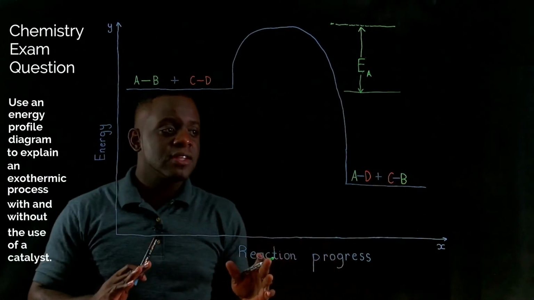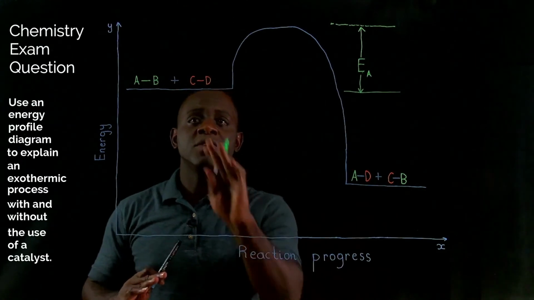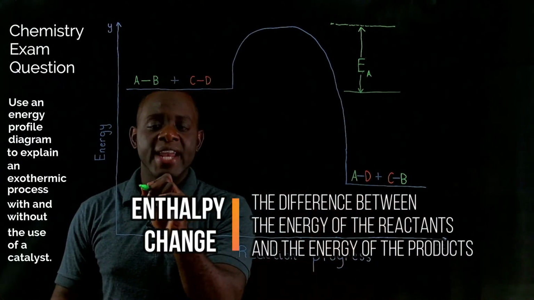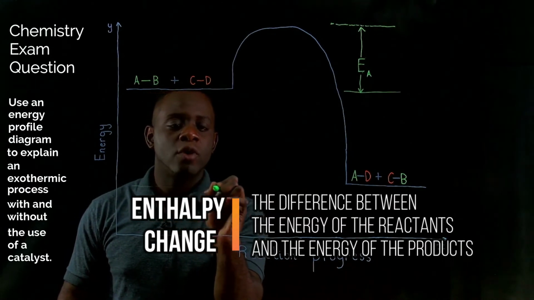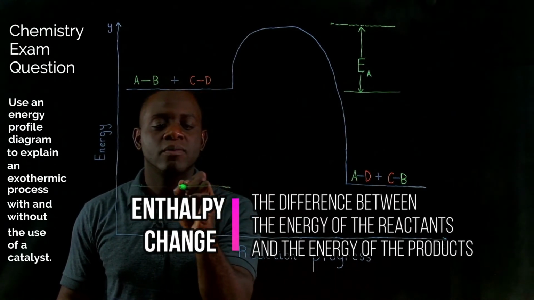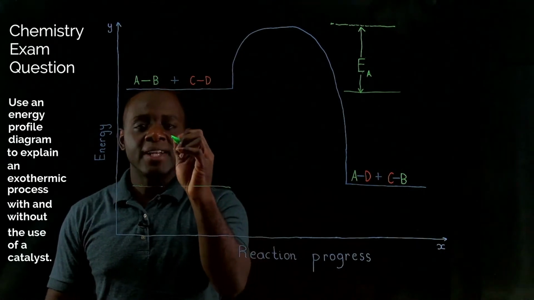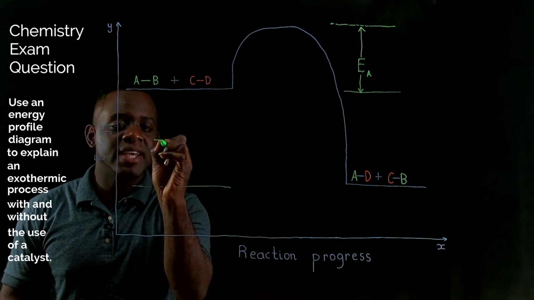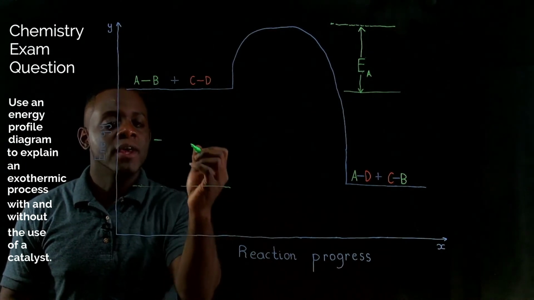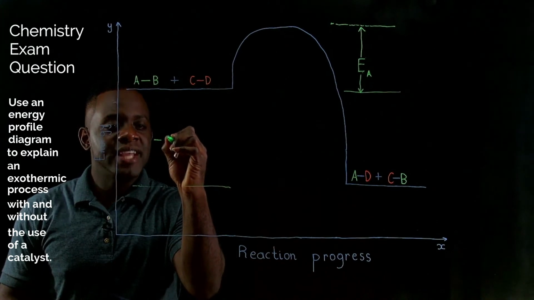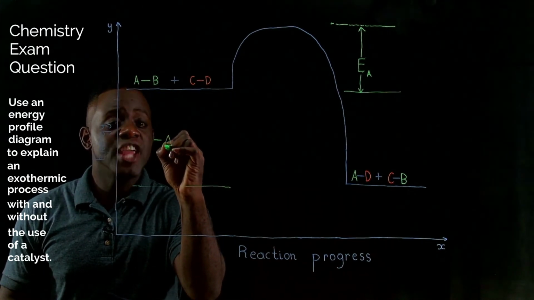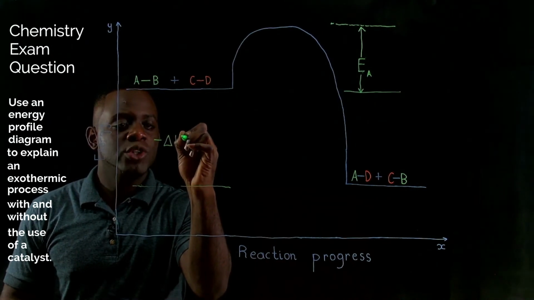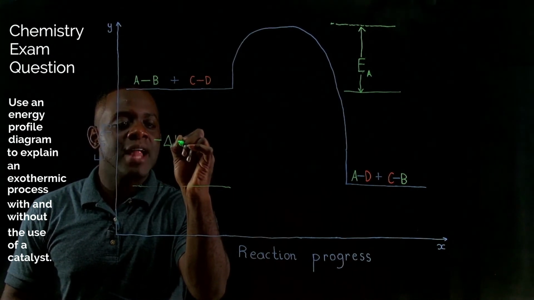The difference between the energy of the reactants and the energy of the products is called the enthalpy change for the reaction. And that is given by a negative sign, which represents an exothermic reaction, the Greek letter delta, which represents change, and the letter H, which represents enthalpy.